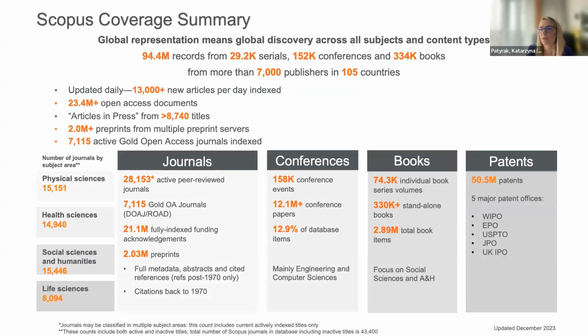And as you can see, we have different types: journals, conferences, books, and patents also. And they are also representing different disciplines, and they are divided in between. Additionally, I can tell you that books are mostly covering the social sciences and humanities.